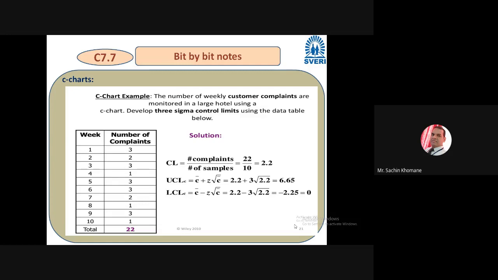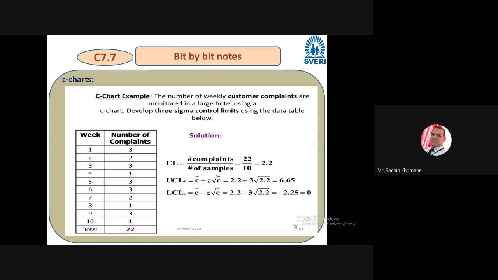So see the example. In one hotel, the manager has monitored the number of complaints. Those who are coming to the hotel found complaints. The manager has maintained the data for 10 weeks, around 2.5 months, right?